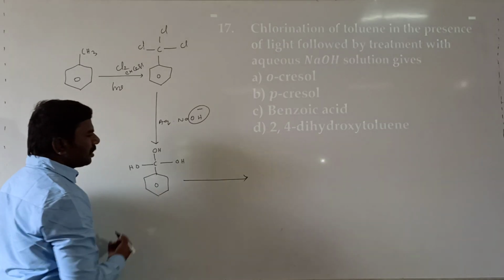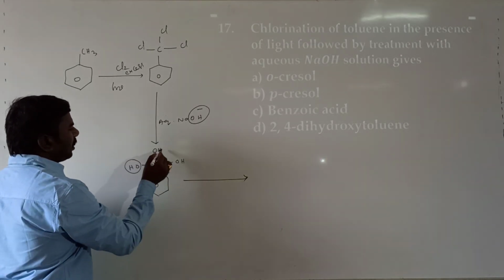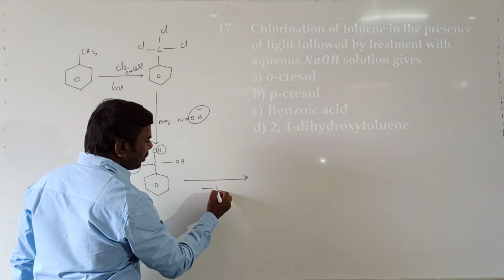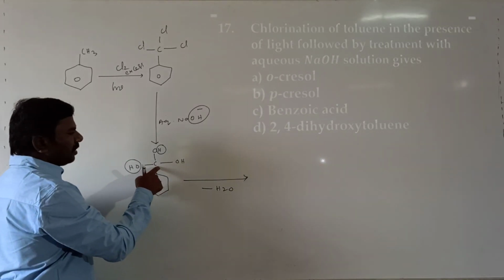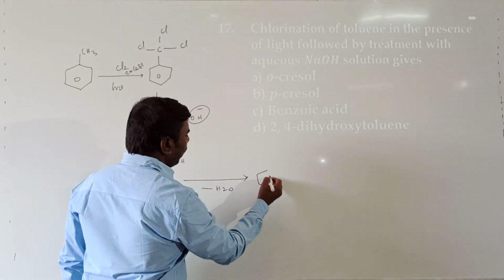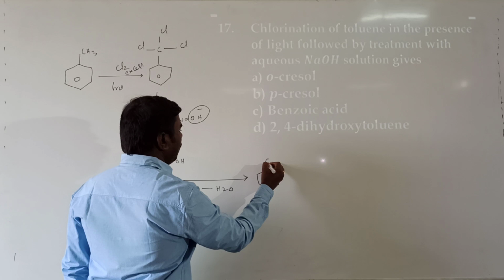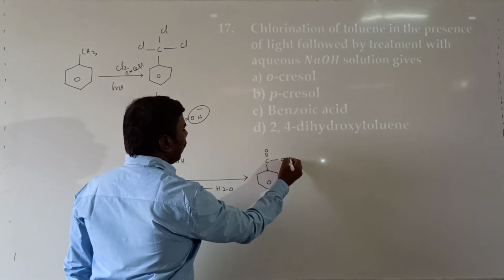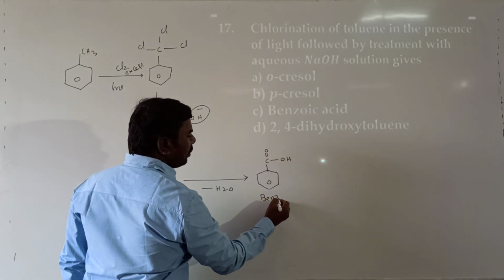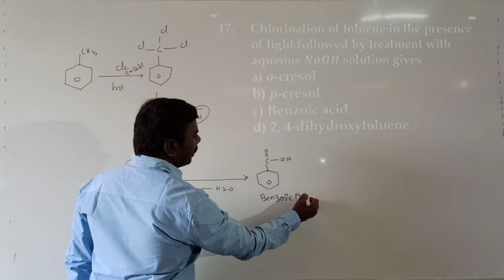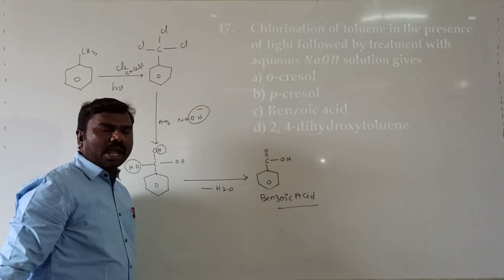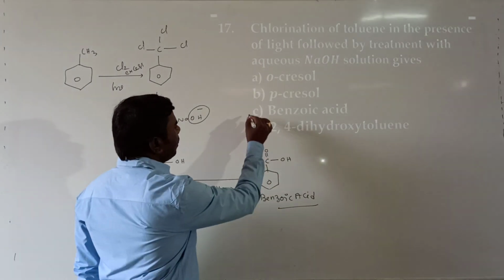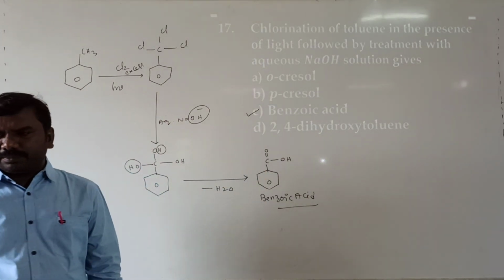Obviously, here it is an unstable compound, so H and OH are removed as H2O. Then what is left? COOH. Finally, the answer will be C double bond O, OH. It is benzoic acid. Which acid? Benzoic acid. Answer will be option C.